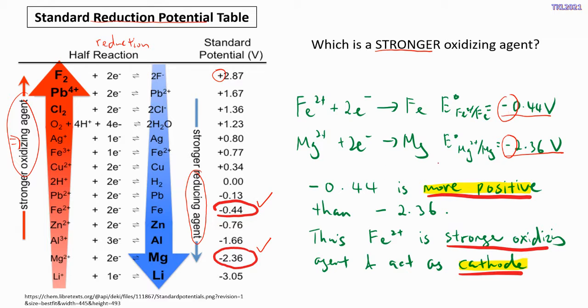Between negative 0.44 and negative 2.36, in terms of mathematics, negative 0.44 is more positive. The more positive one becomes the stronger oxidizing agent and it will act as cathode. So the answer will be Fe2+ is a stronger oxidizing agent.